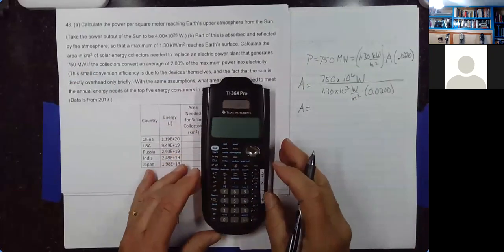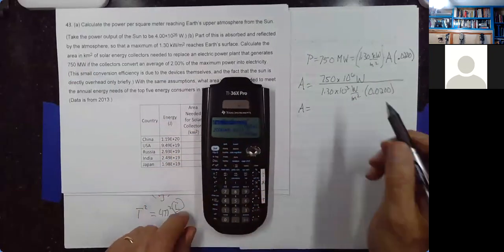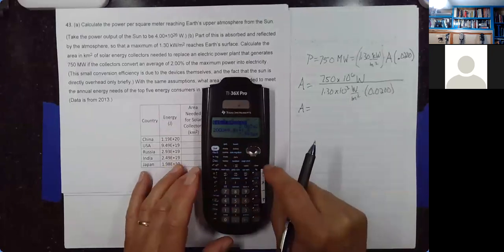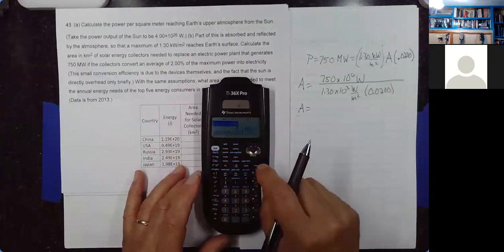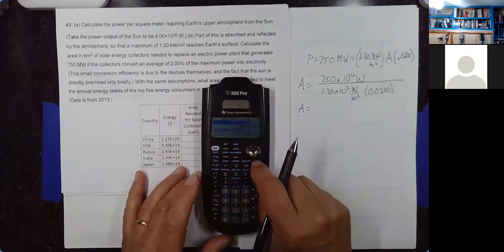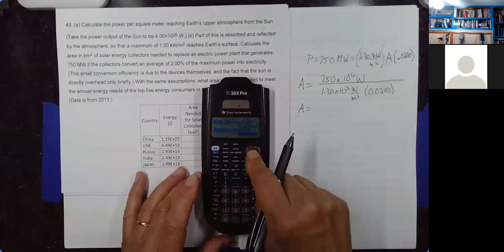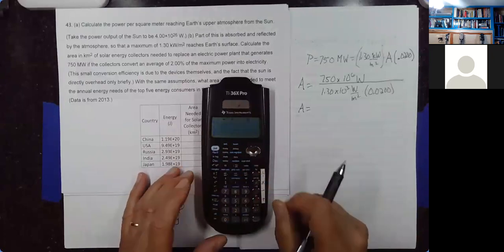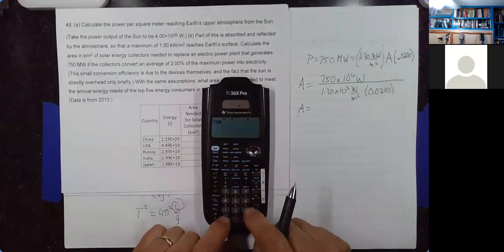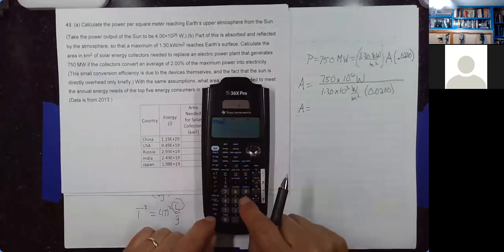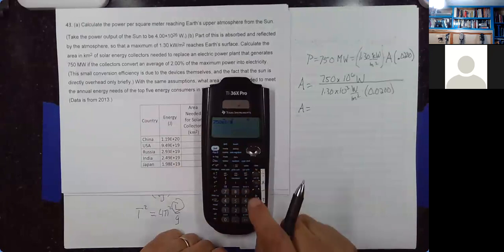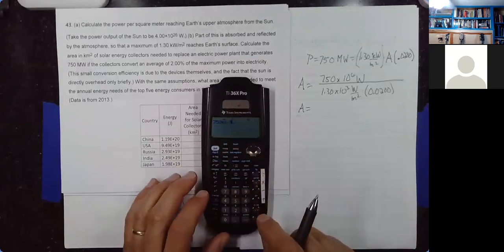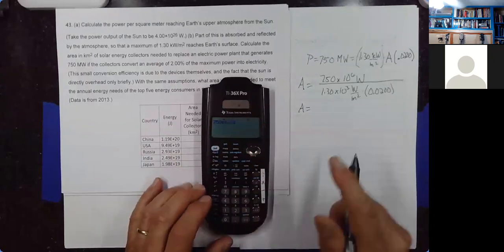This is just trying to figure out one of these things. Whoops, clear. I don't know where I am. There we are, clear, okay. 750 times 10 to the 6th divided by, I'm going to wrap the denominator in parentheses.